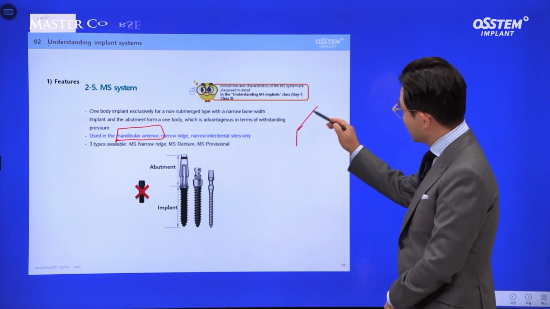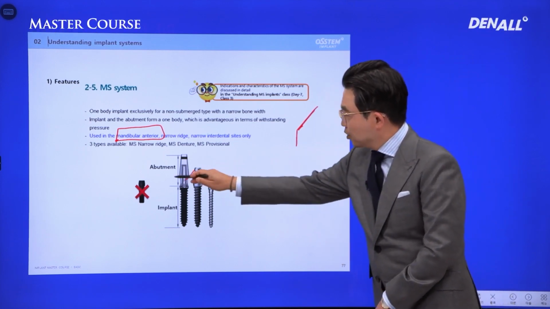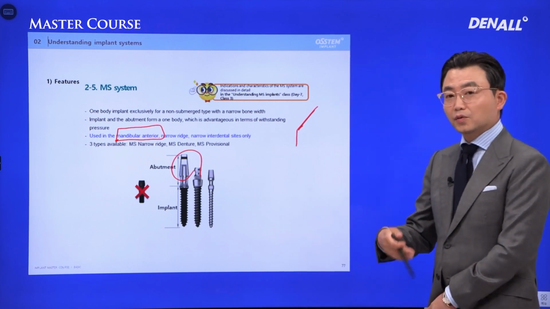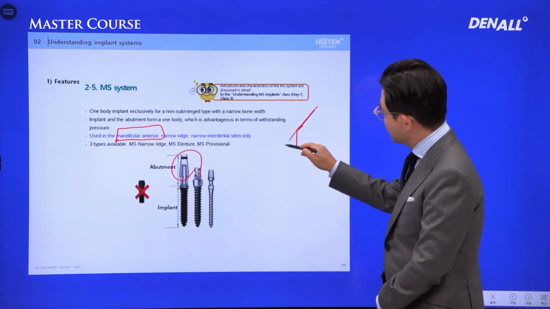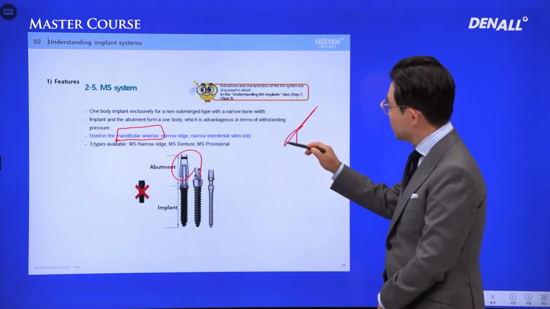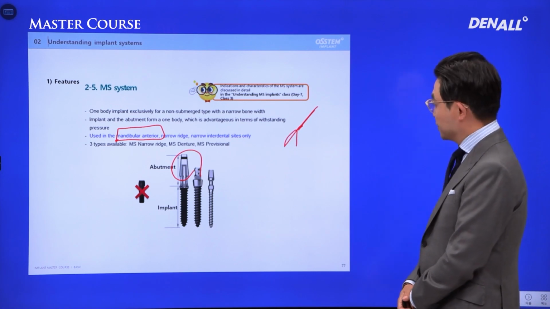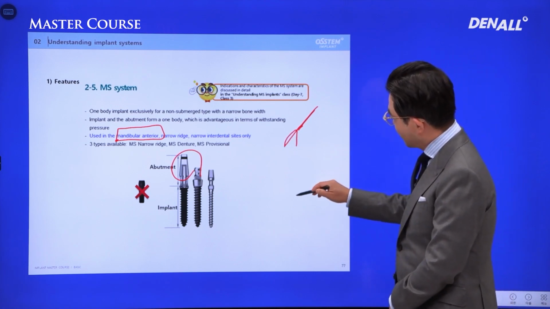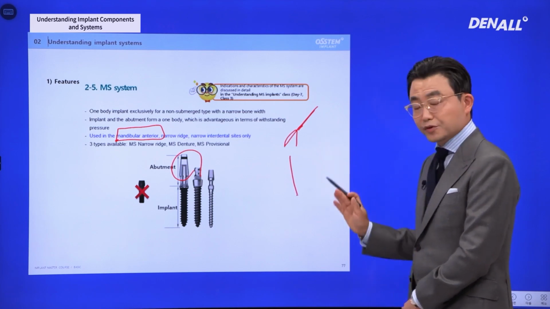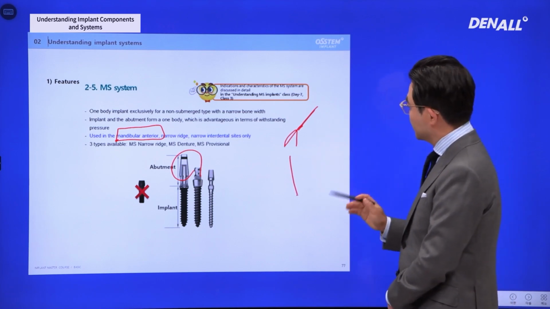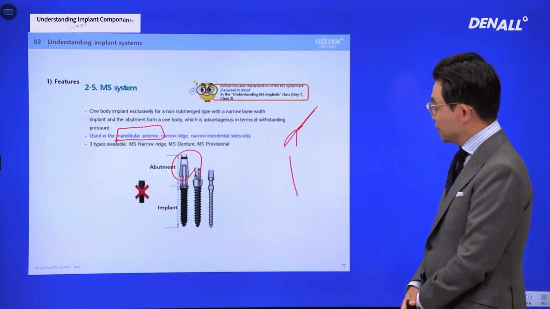The placement angle and abutment angle need to be different, but here the abutment angle cannot be adjusted. So sometimes when you place it and create the prosthesis on the buccal area, the prosthesis cannot be made. Because there is that chance, on the mandibular side it can go up straight. So on the mandibular anterior side, you use this system.